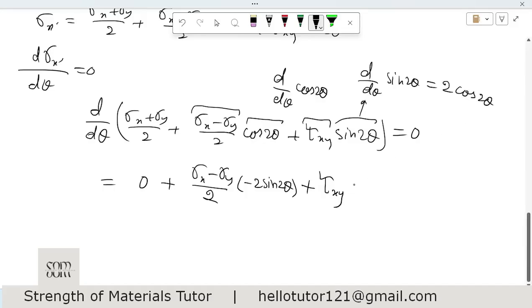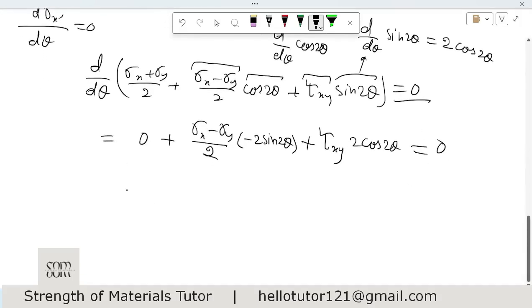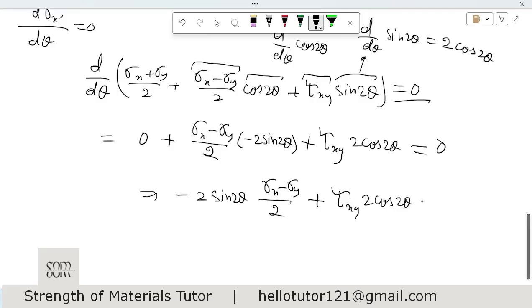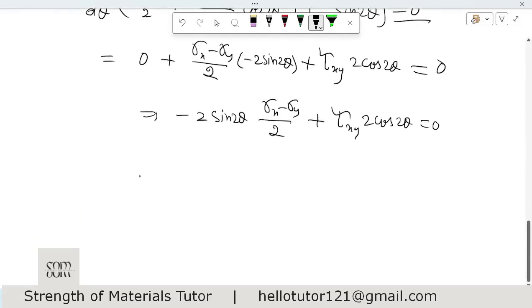So tau xy times 2 times cosine of 2 theta. All of it has to be equal to 0. So let us rearrange the terms here. It is minus 2 sine 2 theta times sigma x minus sigma y by 2, plus tau xy twice cos of 2 theta is 0.